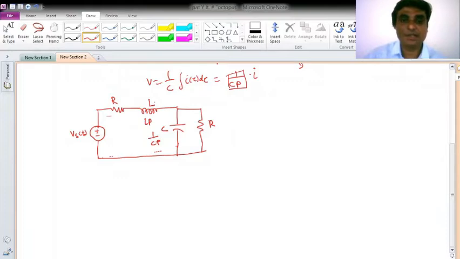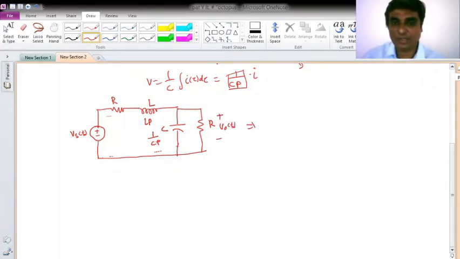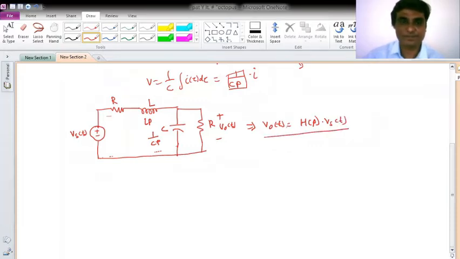Now I'll treat this Lp and Cp operator as a resistor, and solve the network for, let's say, V0 of t. How can I get V0 of t? Only if I know the Heaviside operator H of p, which will be operating on my source voltage Vs of t. So my aim is now to find what my Heaviside operator H of p will be. I know the resistor is in parallel with 1 over Cp, and a resistor is in series with Lp.